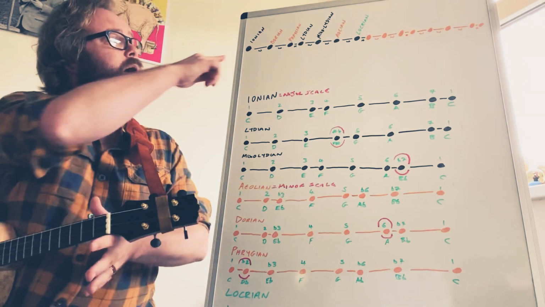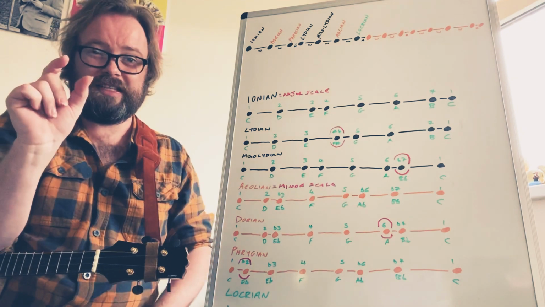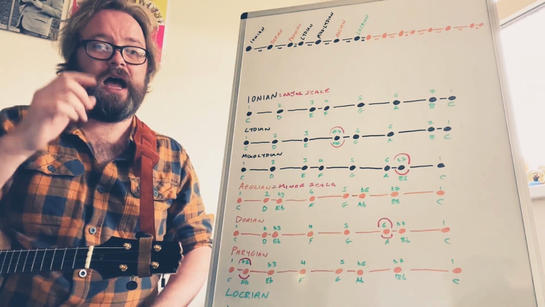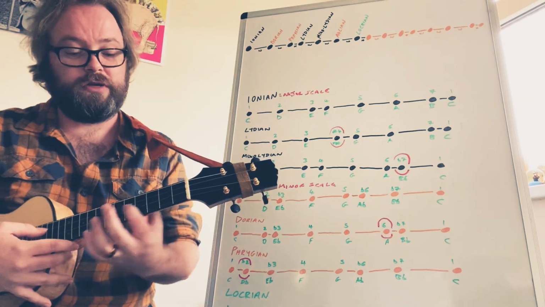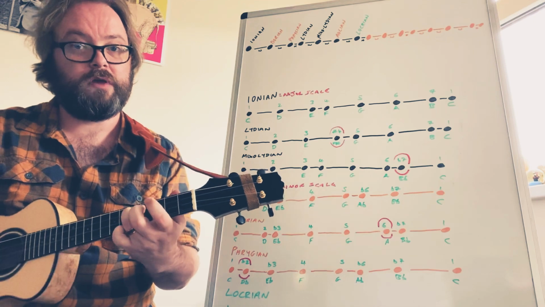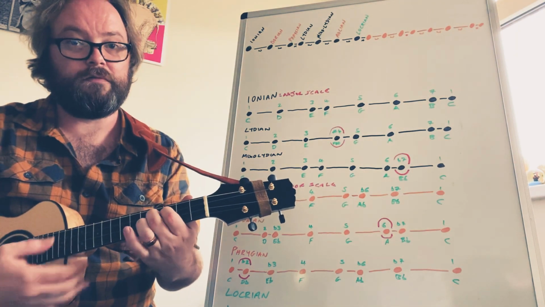Now, that major scale is just a series of intervals. And what are intervals? Just the distance between 2 notes. Those intervals will either be a whole step, or 2 frets on your ukulele, or a half step, or 1 fret on your ukulele.